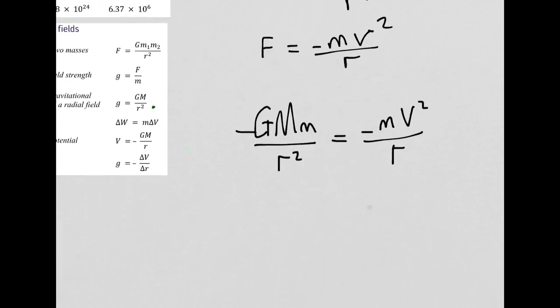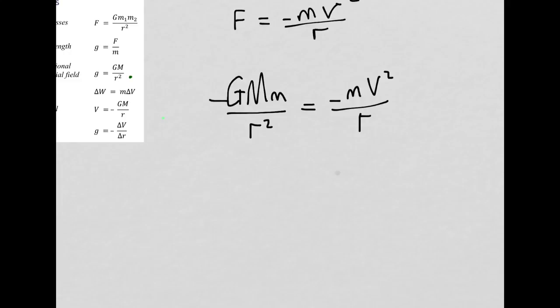Now, there's some obvious rearranging we can do here. The negatives can be cancelled out from each other. That's pretty obvious. We can then take the R from this side to that side and the m from this side to that side to give us something that relates to v squared.